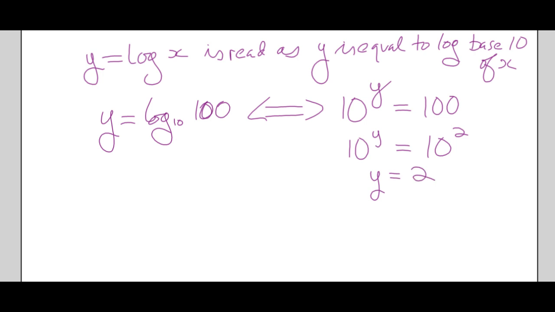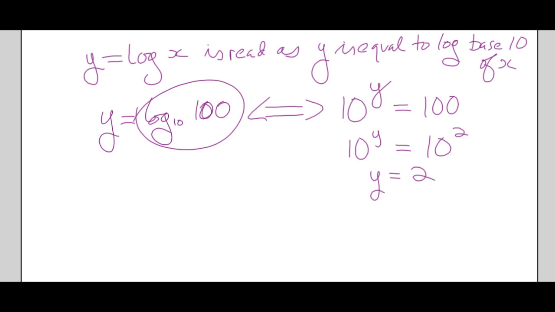Okay? You don't have to go through all of that, right? If you know that 10 squared, so you're looking at y equals log 10 of 100, and you say, okay, a logarithm is an exponent. Okay, so this thing is a logarithm, right? When you're evaluating, that's a logarithm. What is it? It's y. What's y? It's an exponent. So a logarithm is an exponent, right? You just got that fancy word.